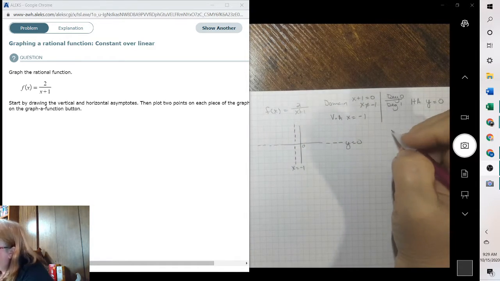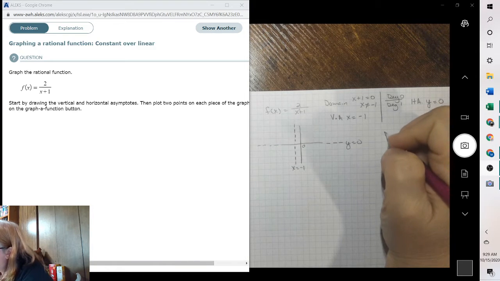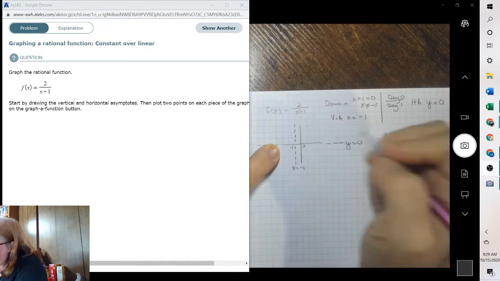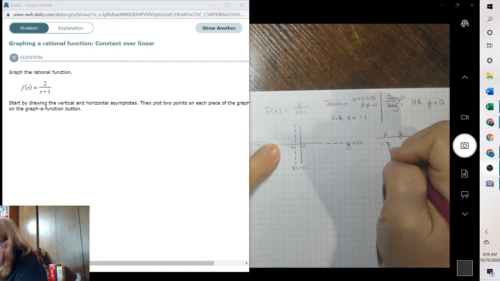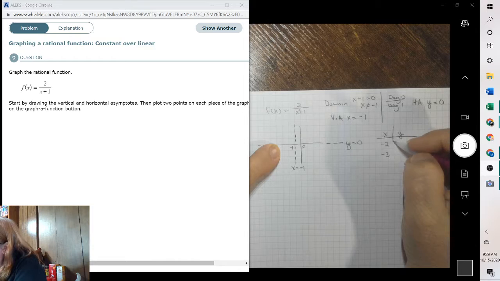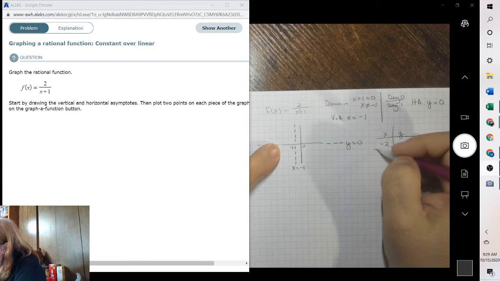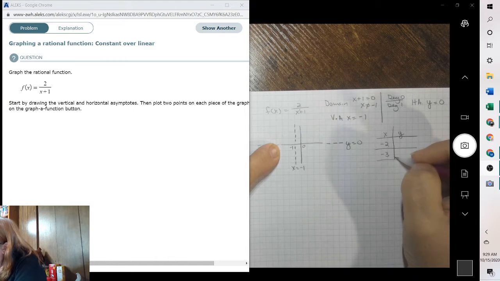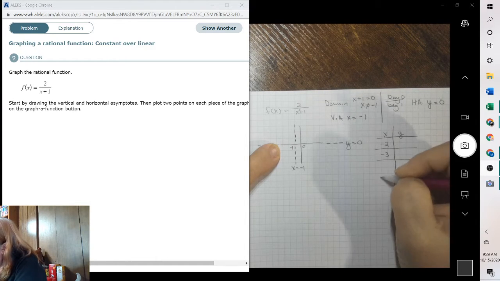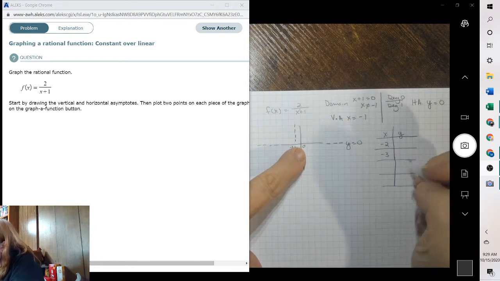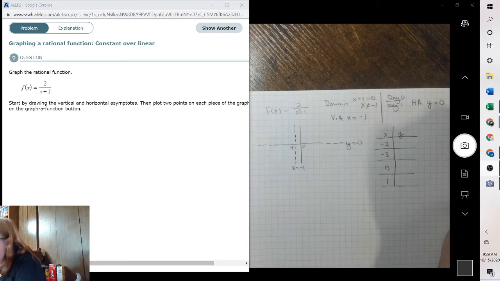On this side, this is -1. I could plug in a -2 and a -3. On this side, I can plug in 0 and 1.